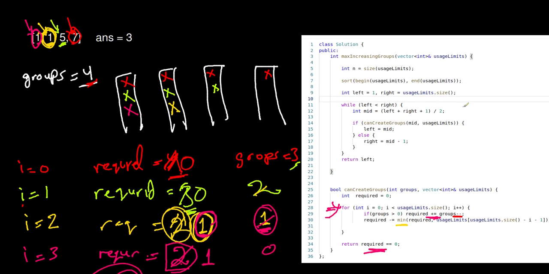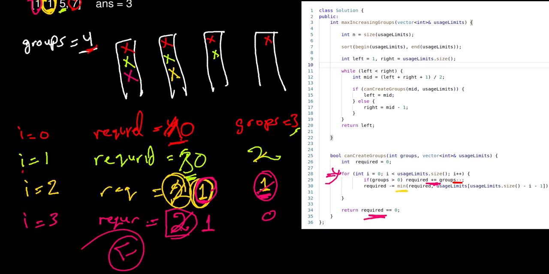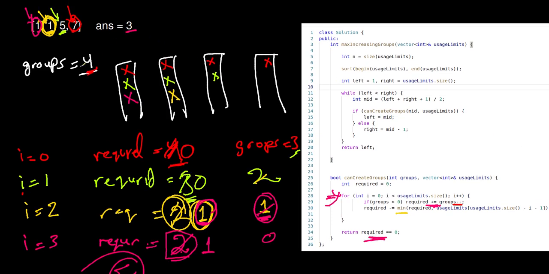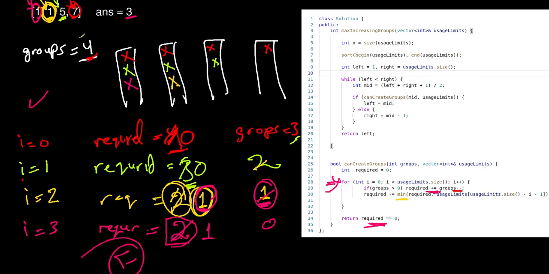In this case, in the binary search, we will try it with a lower value, and if you try with the 3, it will return true. So when we tried with groups equal 4, this group only has 3 numbers, and this is not valid, and this is why we returned false.